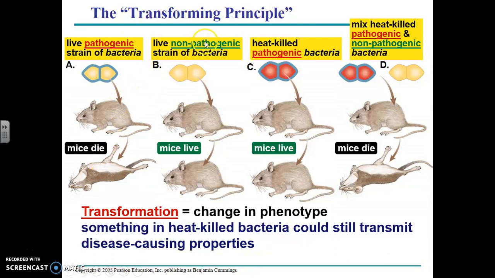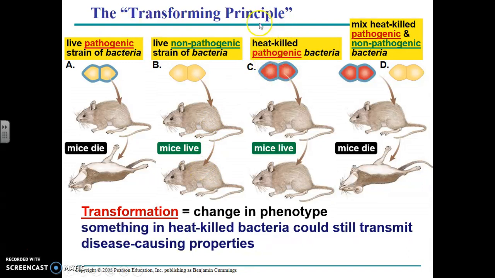Then as another control test, he injected R strain, which is non-pathogenic. Notice it doesn't have that blue capsule around it. And when he injected the mouse with that strain, it lived. Then he injected heat-killed pathogenic bacteria.